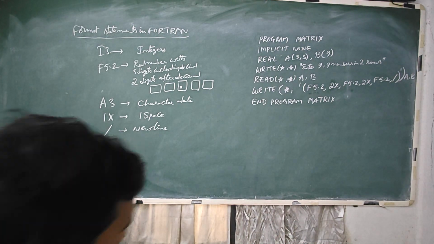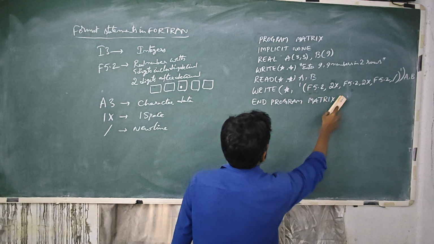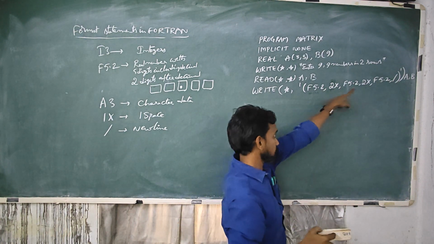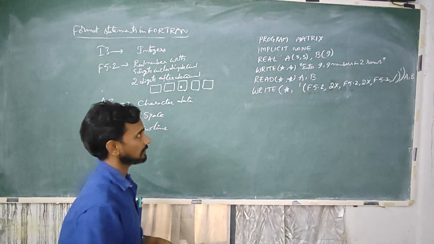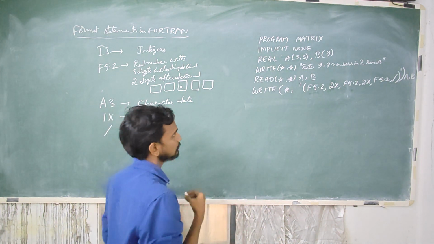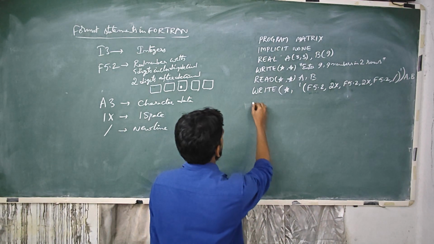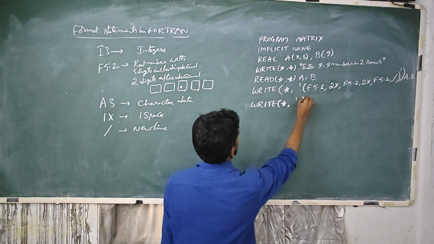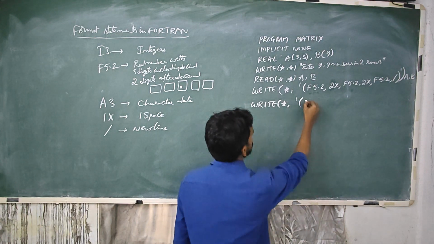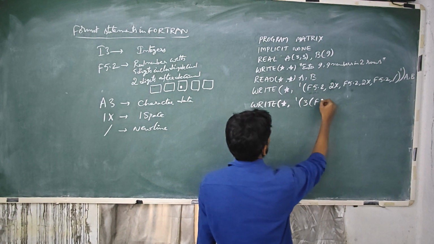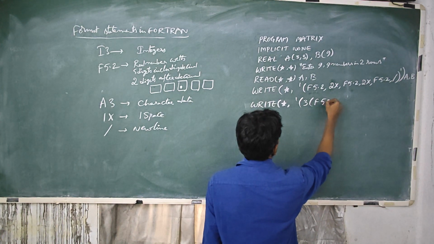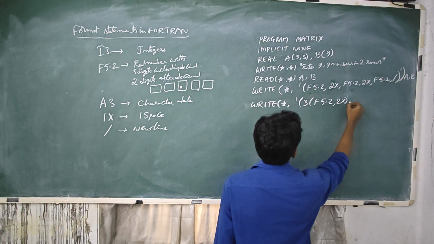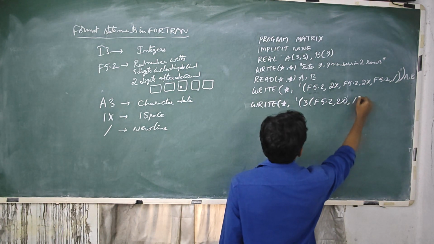Right, you can cut short these repeating statements like this F5.2, 2X, these things are repeating, right? So that can be reduced. Try this. Three times F5.2 comma 2X comma slash.